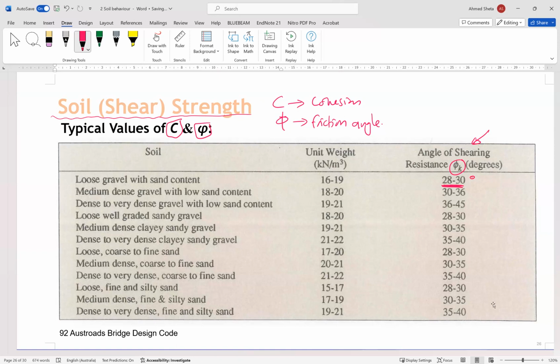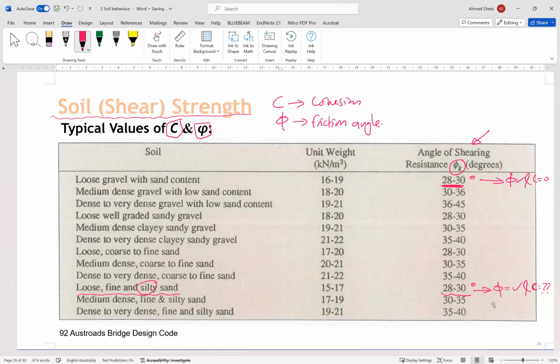And for example, for loose and fine silt here, we have 28 to 30 as well. So what is the difference between these two? Here phi has a value, but C will be 0. Here, because it's silt, we have a value of phi, but C will also have a value because this is cohesive soil, because it has some silt.